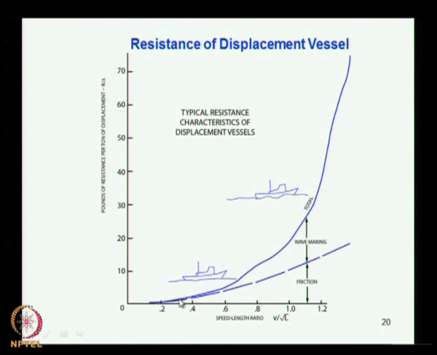At a speed length ratio of 0.4, the wave making effect is insignificant, and when the speed picks up, you can see the wave making is picking up, and at some stage it is exceeding the frictional component. So this gives an indication of how the speed influences the resistance and which component dominates at higher speed.